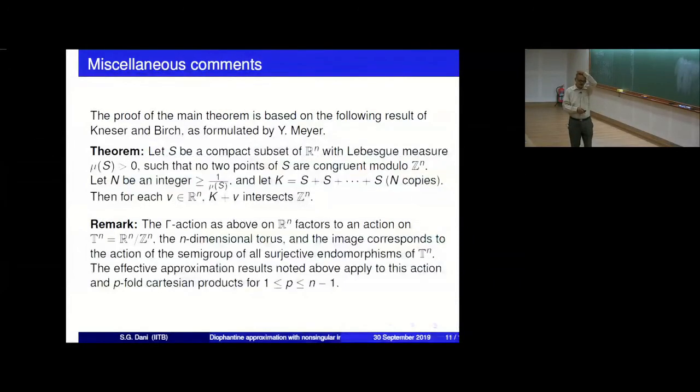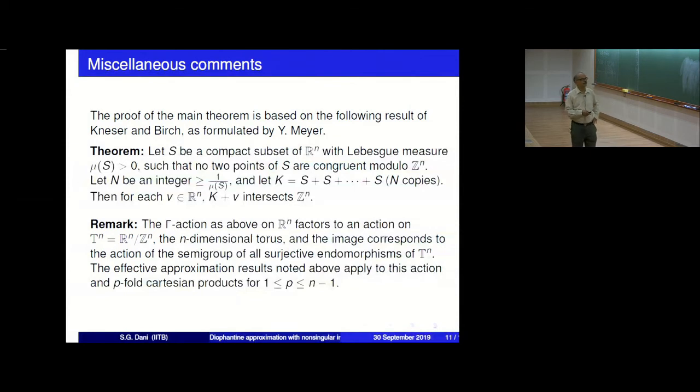This is sort of in the realm of geometry of numbers and has nothing to do with group actions. The proof depends on elementary harmonic analysis. Okay, so the result is the following. You take a compact subset S of Rn with Lebesgue measure greater than 0, such that no two points of S are congruent modulo Zn.